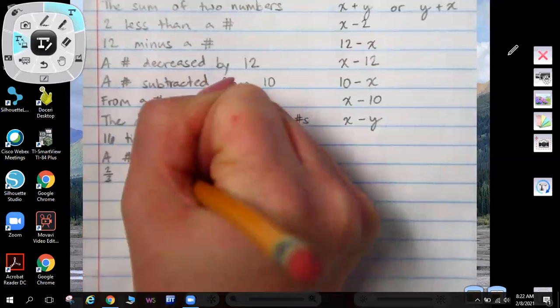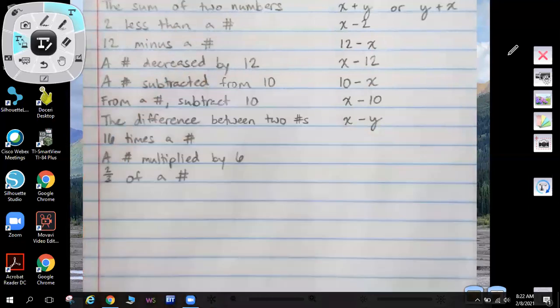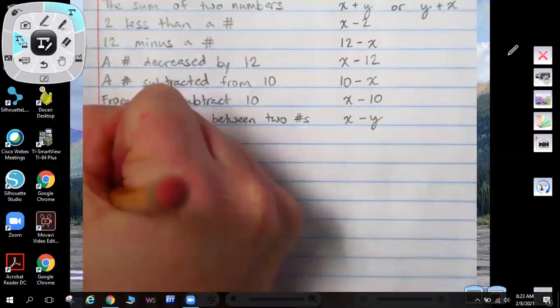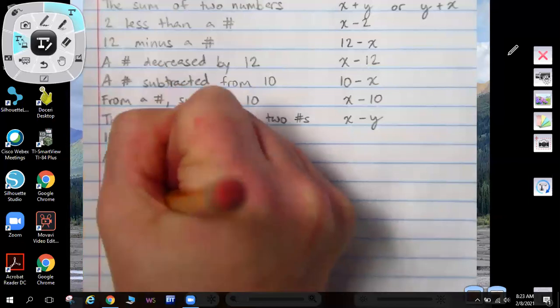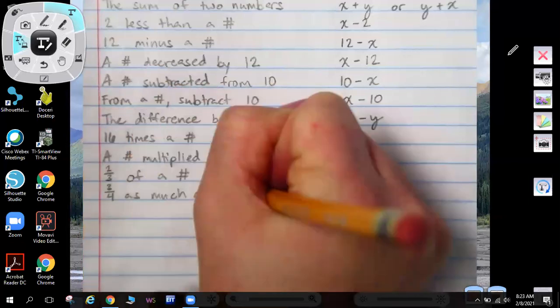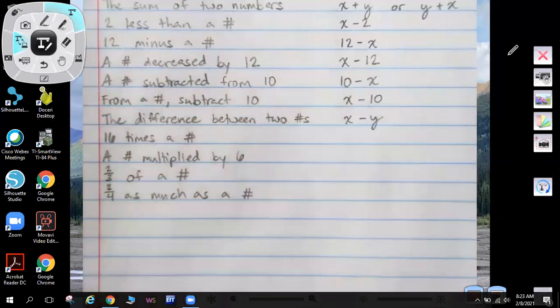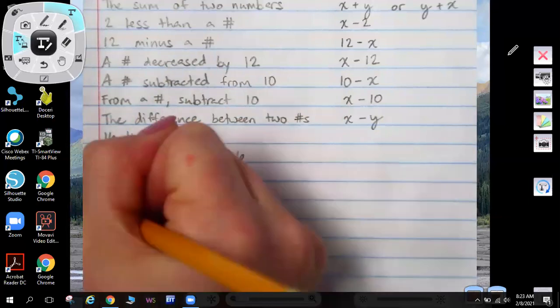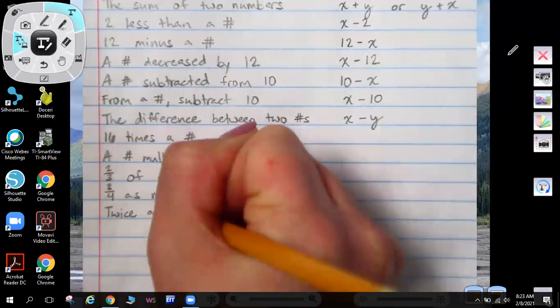Two-thirds of a number is the next one. Three-fourths as much as a number.